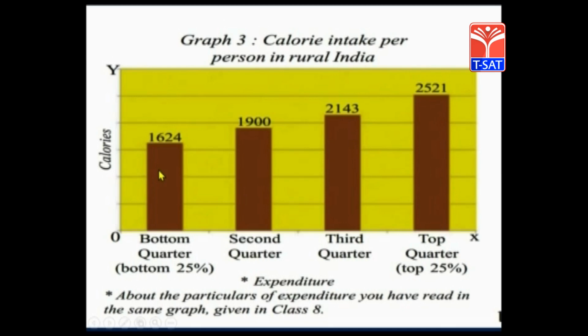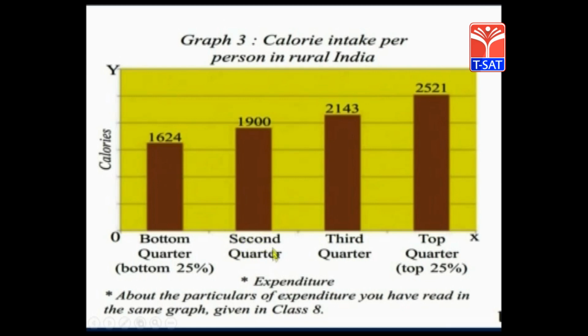So what is the standard there? It is 2400 calories, whereas the poorest of the poor people consume only 1624 kilocalories, just more than half, that's it.